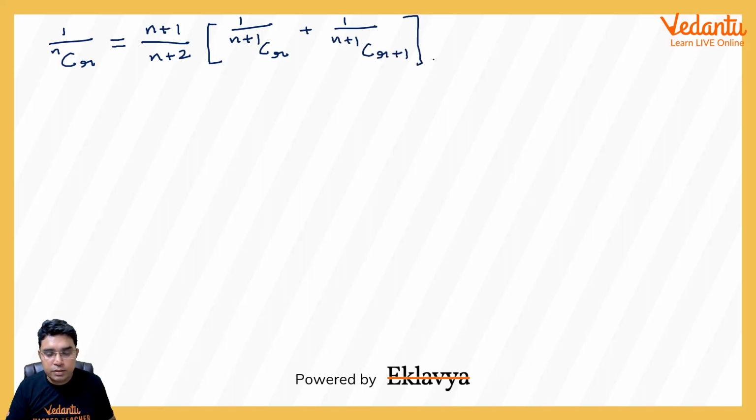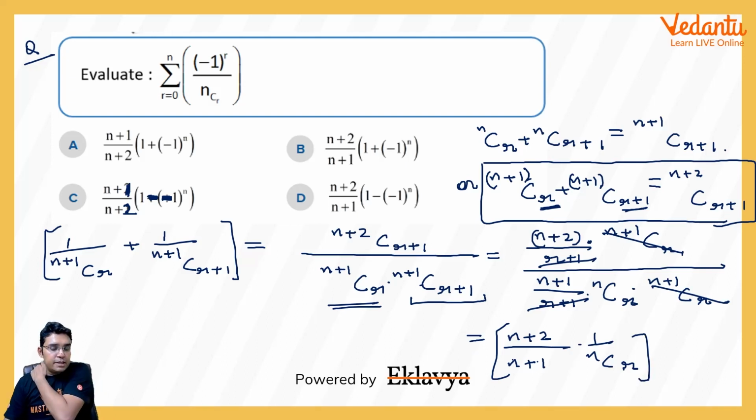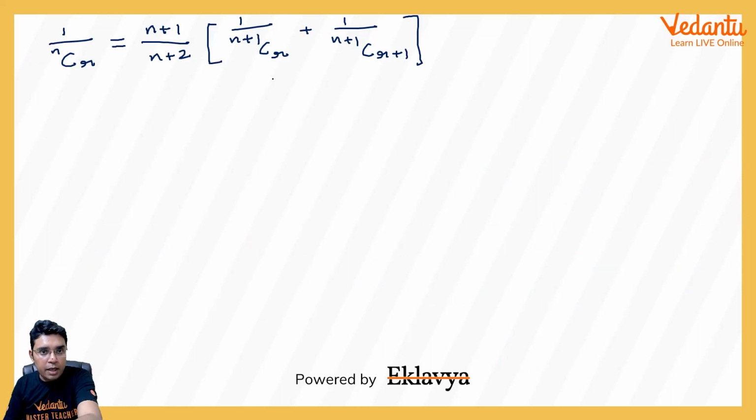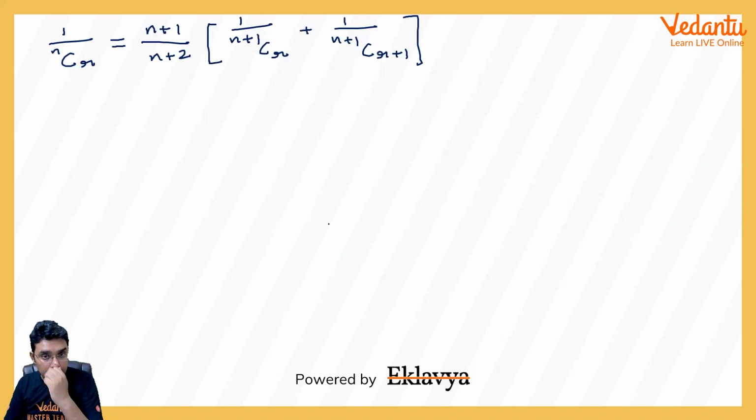Let us check it once again. So we started with this and we obtained this. So 1 upon nCr can be written as n+1 upon n+2 into this 1 upon n+1Cr plus 1 upon n+1Cr+1.